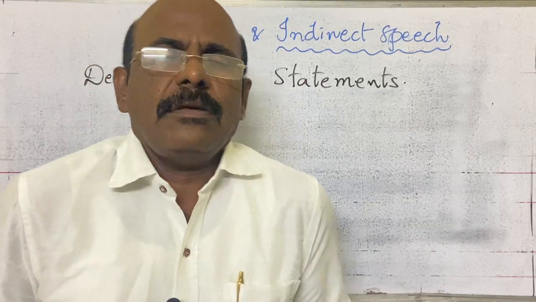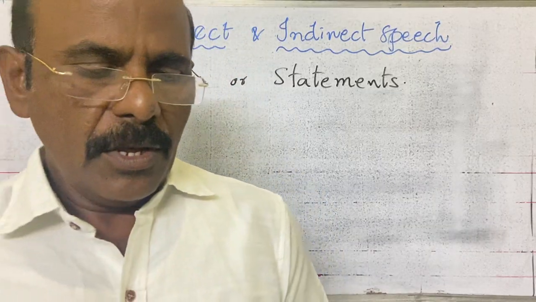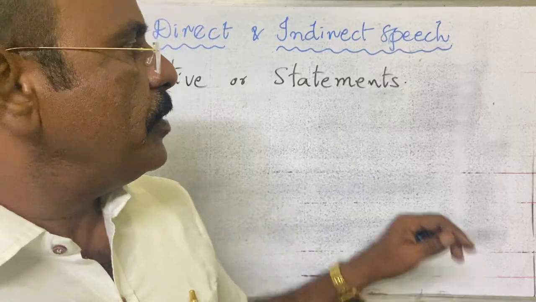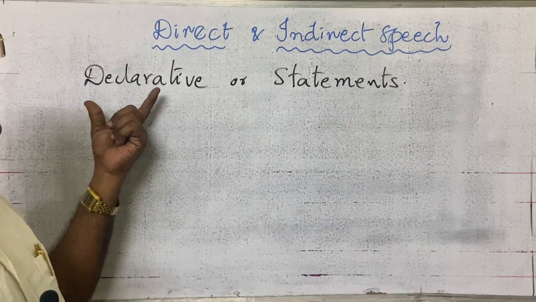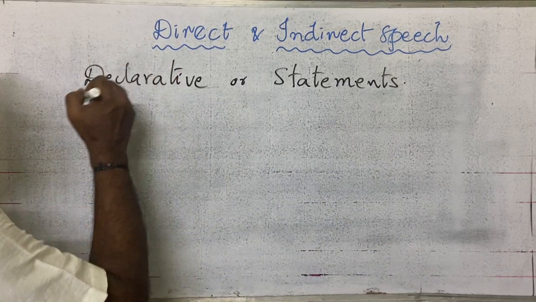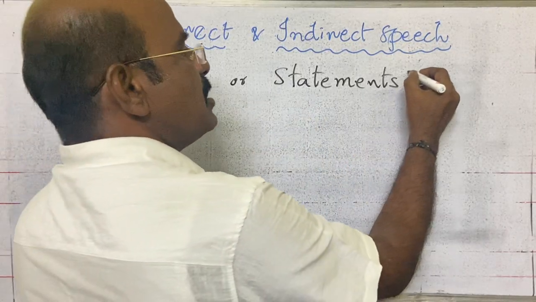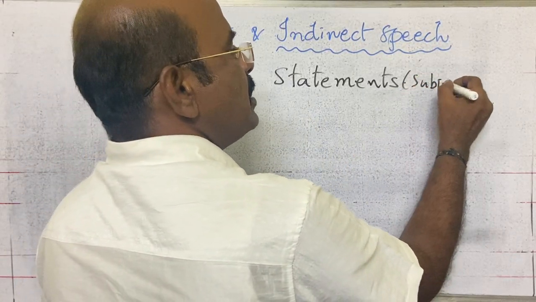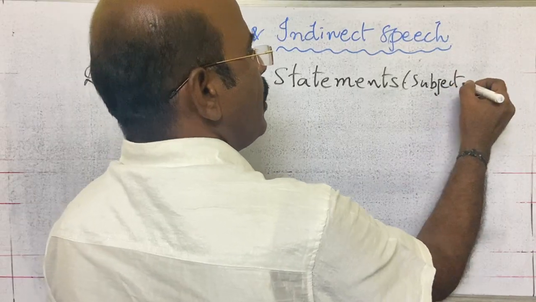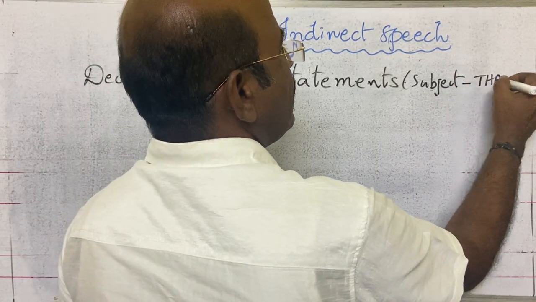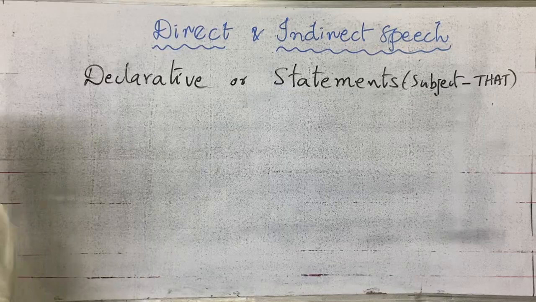The subject may be a noun or a pronoun, and something follows it. That kind of sentence is called declarative or a statement. So these start with a subject, meaning a noun or pronoun, and are connected with that, like: I am coming directly.